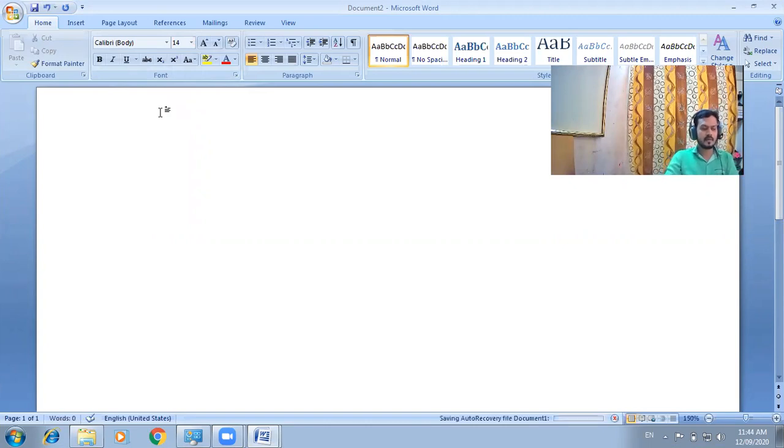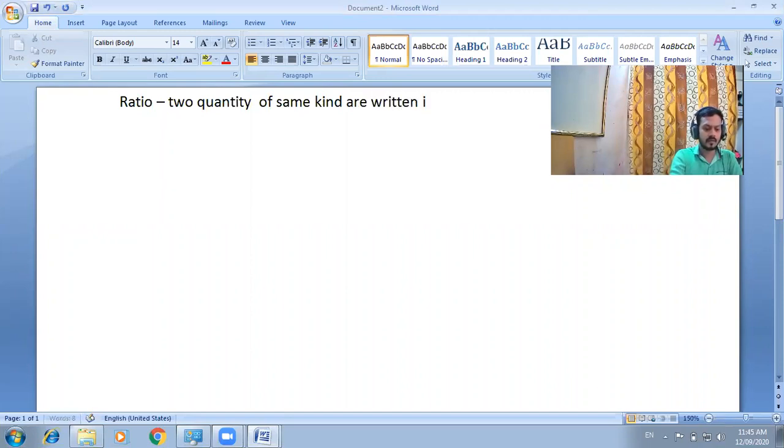So ratio means the two quantities of the same kind are written in the form of P and Q, okay, and Q is not equal to 0.